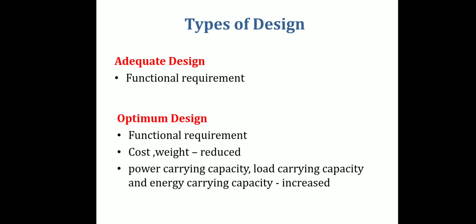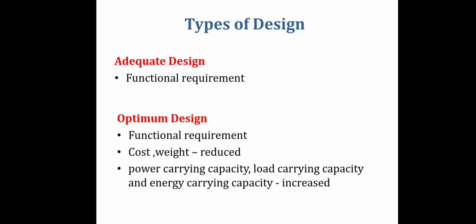Whereas in optimum design, the functional requirement parameter is taken care of. Also, parameters like cost and weight are reduced, and parameters like power transmitting capacity, load carrying capacity, energy storing capacity are increased to an extent. In short, adequate design only considers the functional requirement parameter and optimum design considers all parameters.